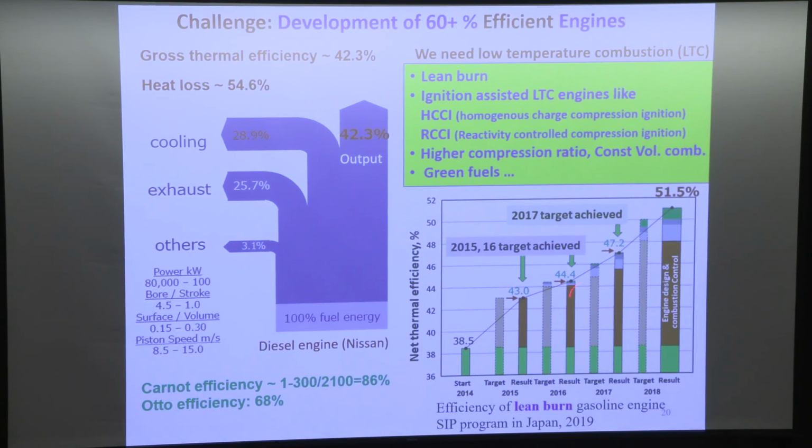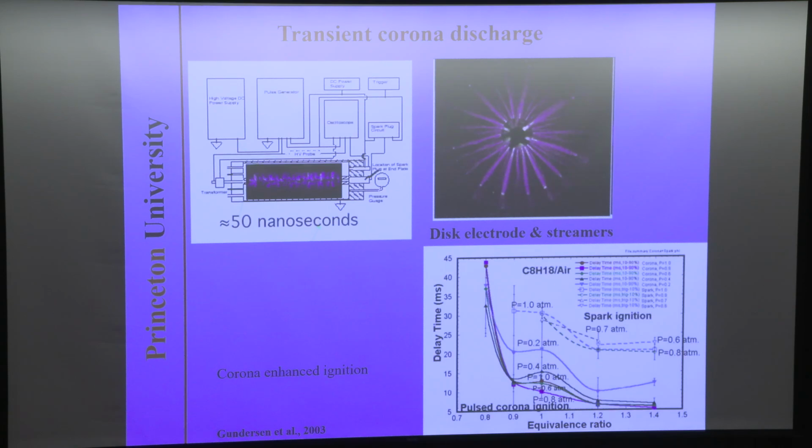So through understanding the combustion process and establishing lean burn and low temperature combustion, this technology innovation succeeded. Here they use a gliding arc, because a spark cannot ignite the lean mixture, so with a gliding arc they can ignite the mixture at lean conditions and improve efficiency. Corona discharge has also been studied: with a metal rod, you can fire the plasma, and in 50 nanoseconds you can see a volumetric discharge.